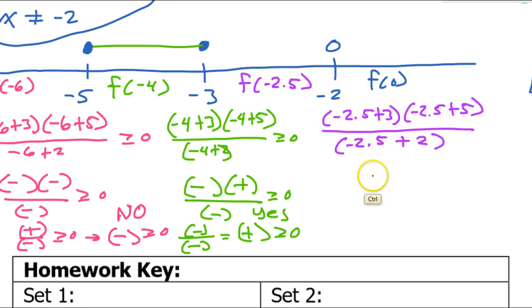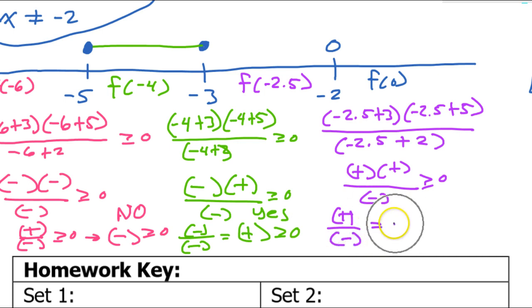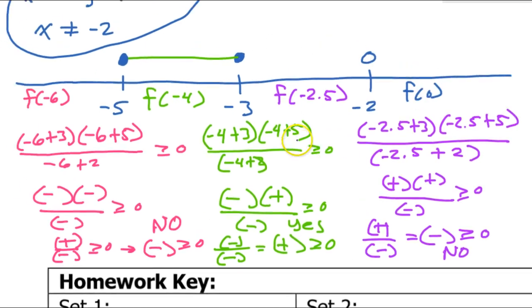So that is going to give me a positive number times a positive number divided by a negative number. Well, that's a positive number divided by a negative number, which equals a negative number. So that's going to be a no. So there will be no solutions in that interval.